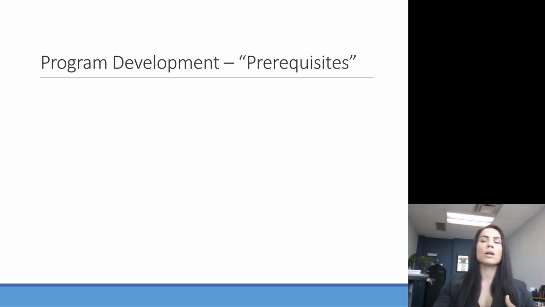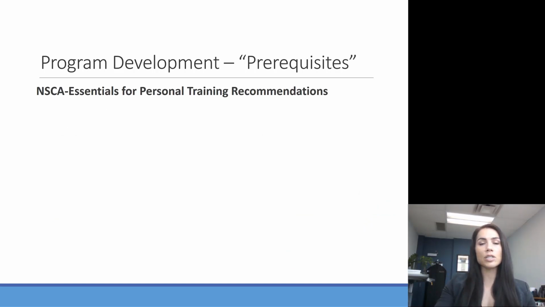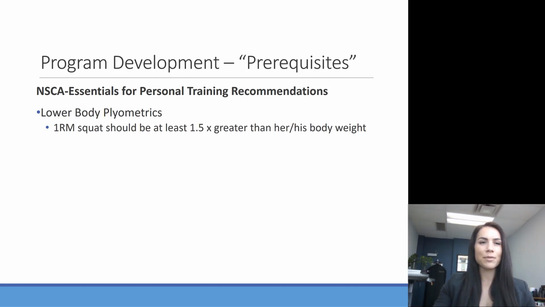What you tend to see more from the NSCA perspective are basically how much can they lift in reference to their 1RM. And the ones I'm about to show you do seem a little bit more challenging than the previous slide. So NSCA recommends that for lower body plyometrics, a client needs to be able to squat at least 1.5 times greater than his or her body weight.